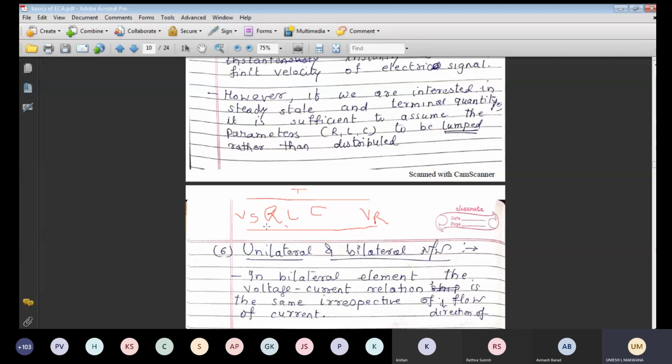R is the resistance of the circuit. Inductance is produced because of the mutual effect, and because of these two lines, suppose this is the ground line, and this is phase, and this is neutral. So in between, a capacitor forms and will affect the circuit.